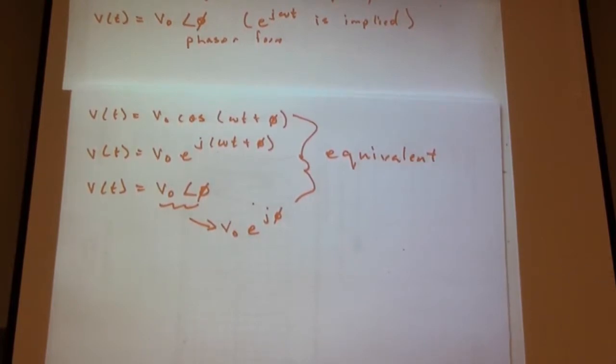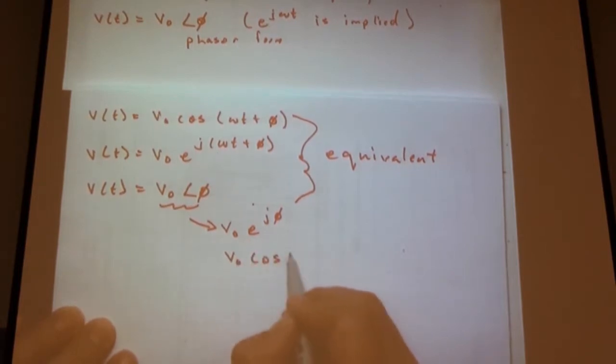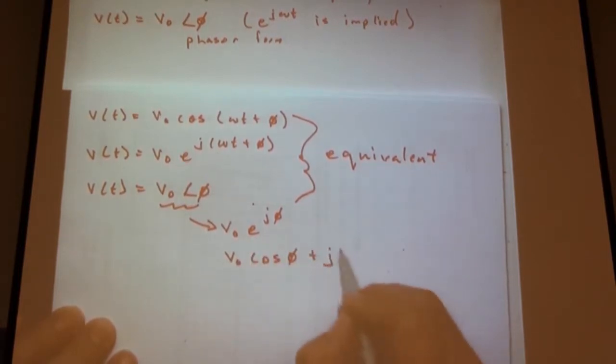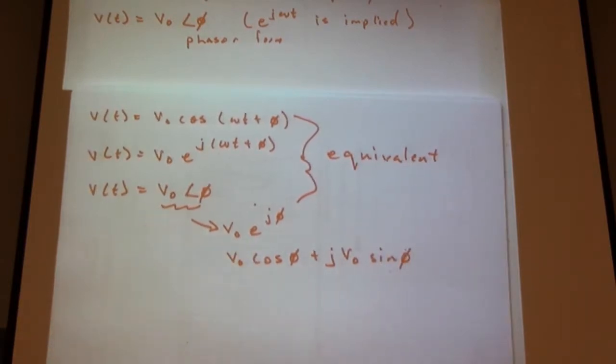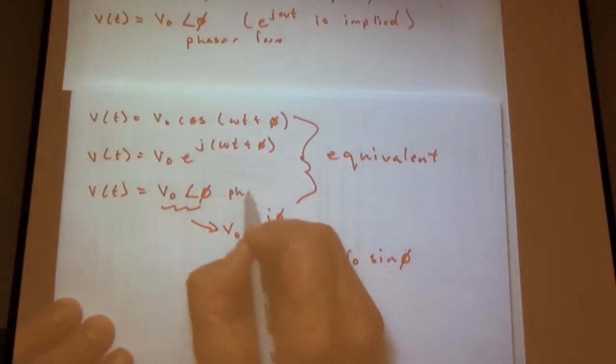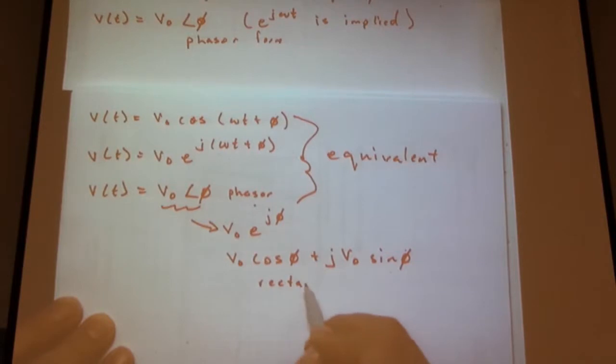And so we can also write this as V naught cosine phi plus j V naught sine phi. So we have a rectangular form of writing our phasor expression. This is the phasor form. I had that on the previous page. That's phasor form of a complex number. This is rectangular form of a complex number.